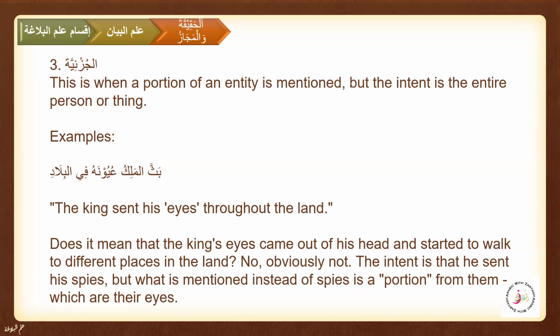This is a kind of majaz mursal where the connection is called alaqatu al juzia, meaning the relationship, the alaqa, is based on a portion or juz of the whole. So in this style, the Arabic language just focuses on one small piece, a part, a link or action to represent the whole picture.